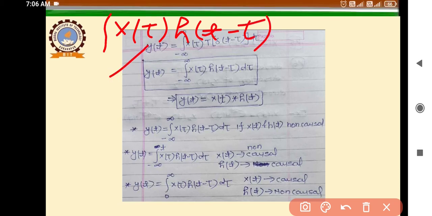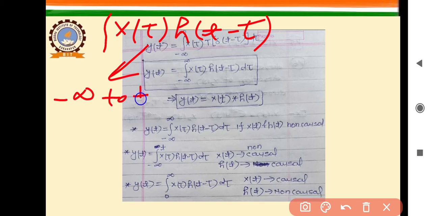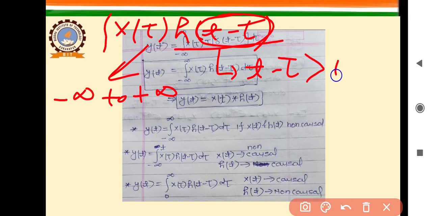Here x(tau) will exist from minus infinity to plus infinity because it is a non-causal signal. The statement says that h of t minus tau is a causal signal. It means that h of t minus tau will exist only for values greater than 0. When t minus tau is greater than 0, it implies that tau is less than t.